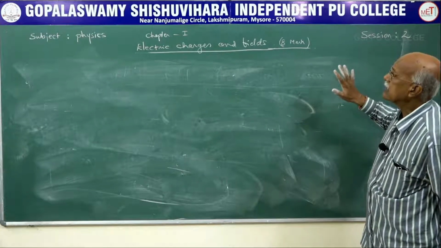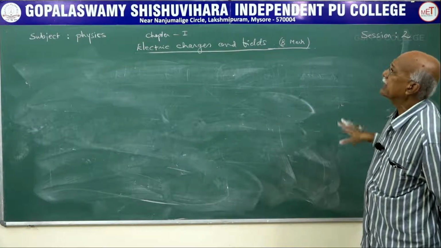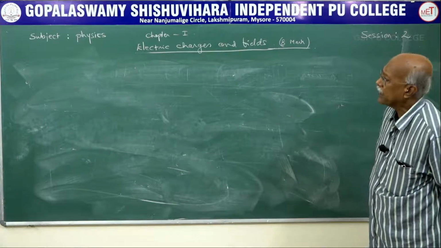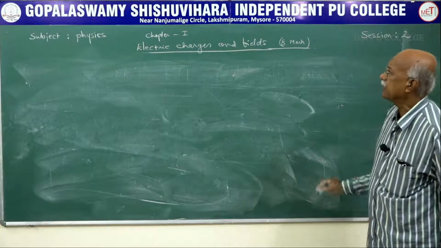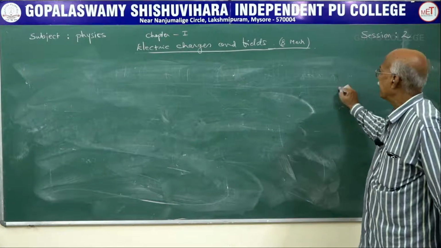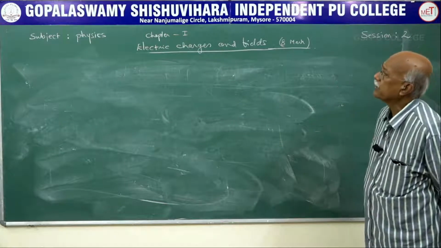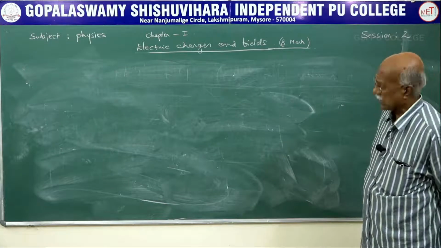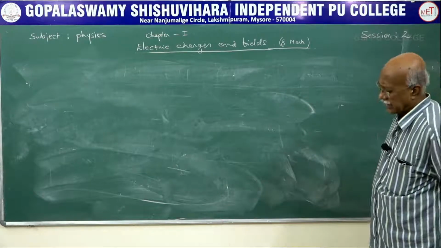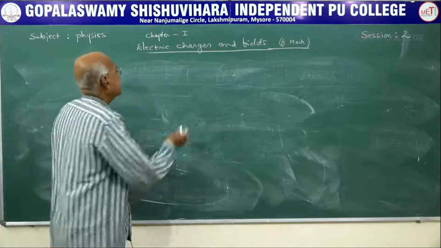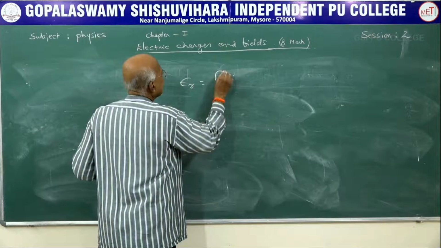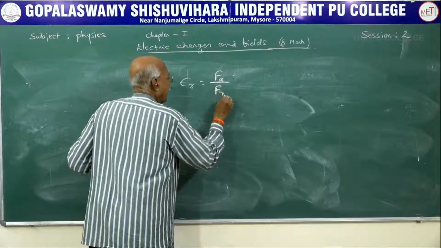If the experiment is conducted in any medium other than air or vacuum, instead of epsilon naught we incorporate a term called epsilon, and the value of epsilon is equal to epsilon naught into epsilon r. Now we have studied what is meant by relative permittivity. Relative permittivity epsilon r is equal to Fa by Fm.